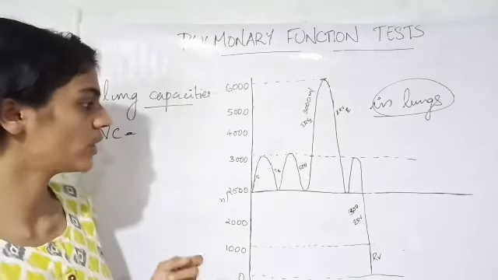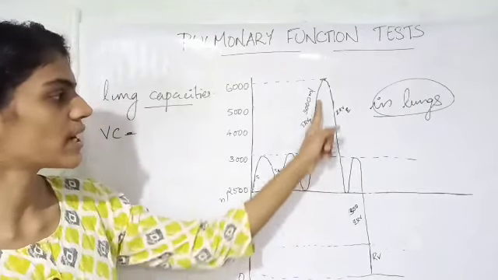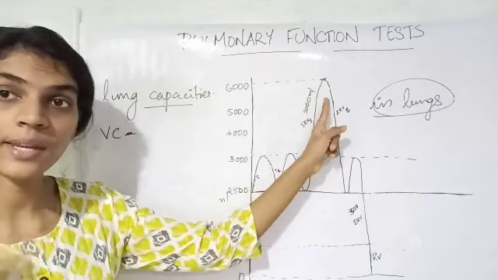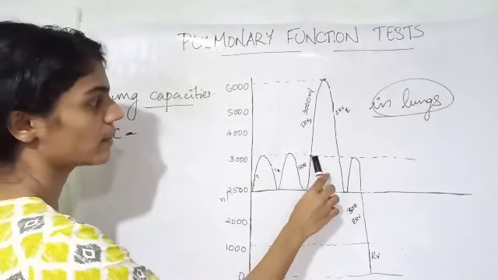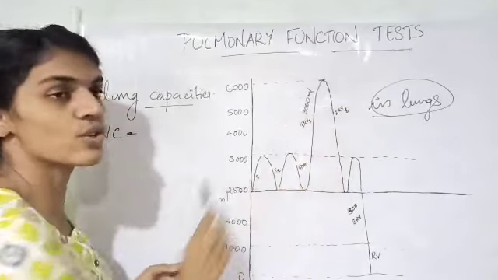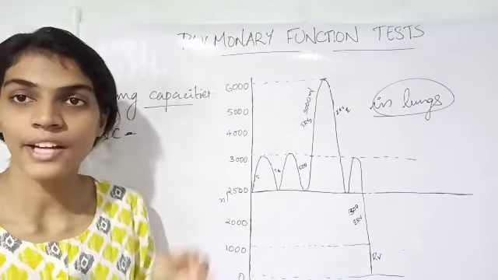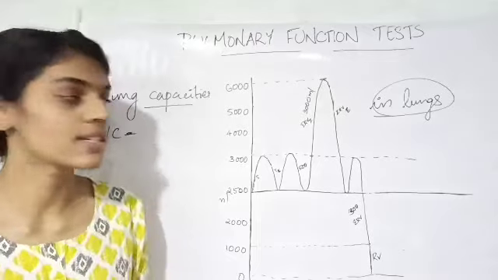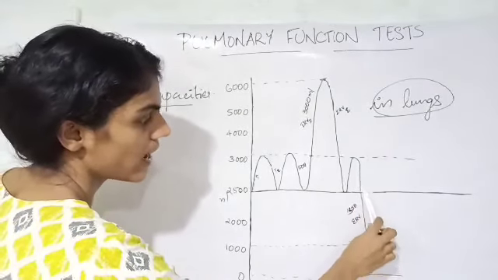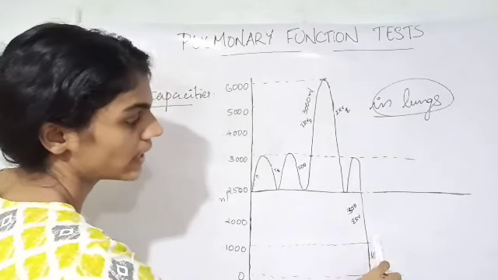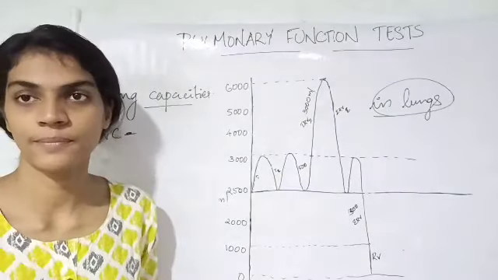So we know that during a forceful inspiration, the amounts of air included are the tidal volume and also the inspiratory reserve volume. And during expiration, what is required? One tidal volume and one expiratory reserve volume.